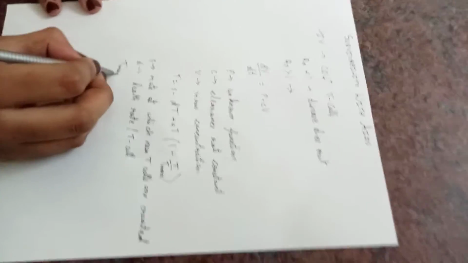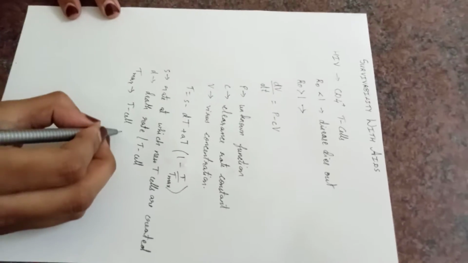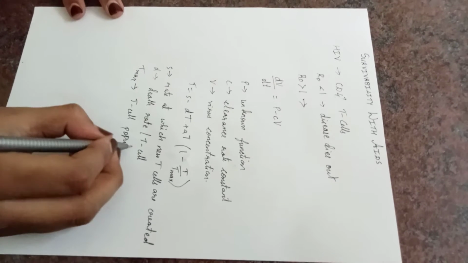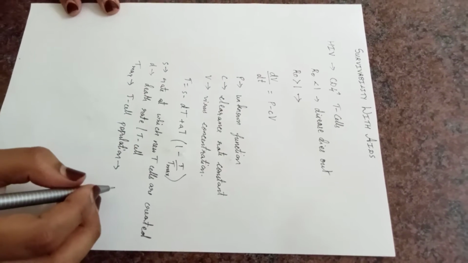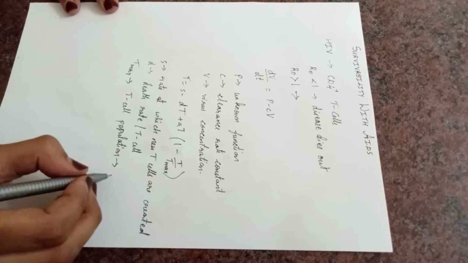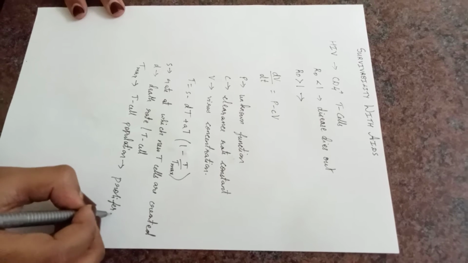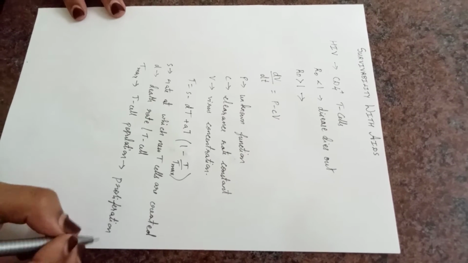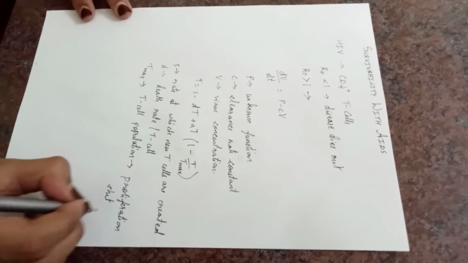Tmax is the T cell population density. Now this will occur at the proliferation part, and when Tmax occurs, the proliferation will shut down.